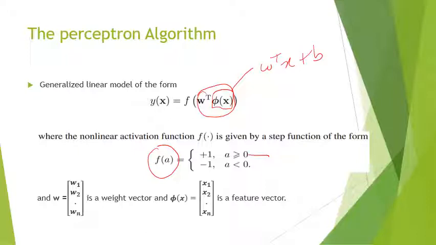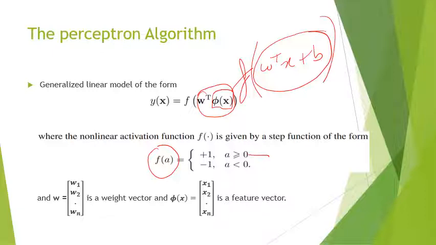So we have written this in dot product form, and then we apply an activation function, which is a step function here. So this w transpose x plus b is equal to a in this notation, because this a is nothing but this one.